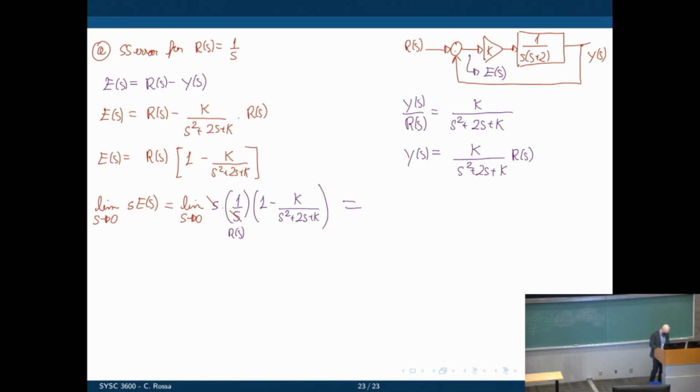So the steady state error is 0 for all values of K greater than 0, actually. Otherwise, the system is unstable.